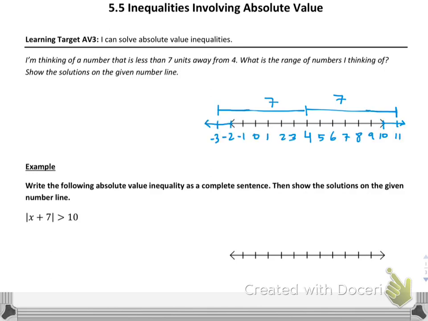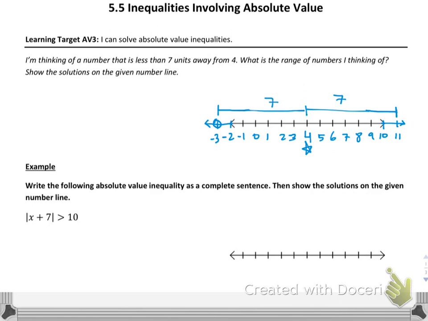So here's my number line. Again, I want to start from this number here, 4. It is a number that is less than 7 units away from 4. So that means it can be any number. From 4, the farthest away I can go is -3, and it can't be -3 because that is 7 numbers away.